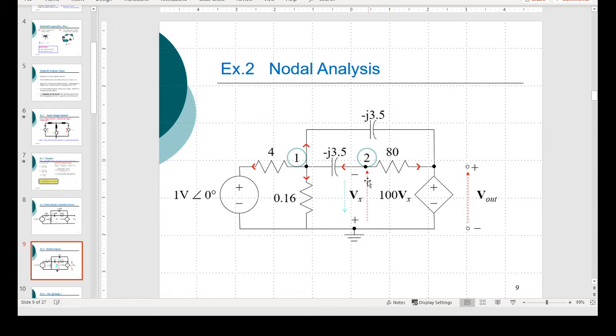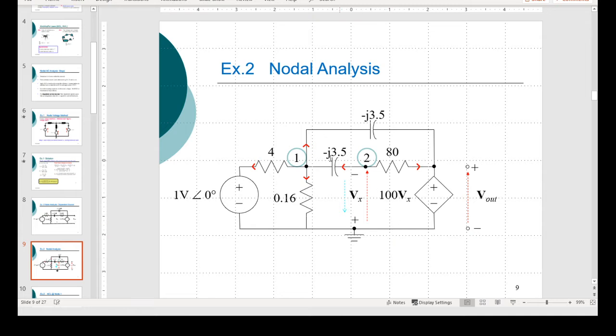Now when it comes to writing your KCL equation for this circuit here, the dependent sources, you can just regard them as independent. In other words, they don't really change the way you write your KCL equations.